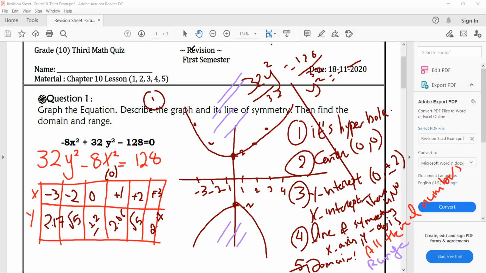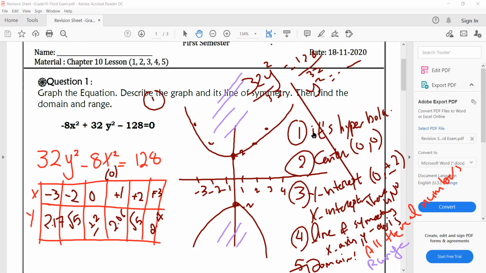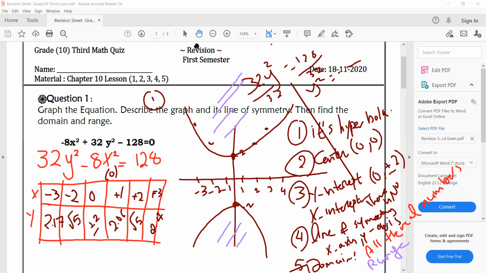The range here. Teacher, can I say x less than or equal negative 2? Yes, less than or equal negative 2. So the range here is from negative infinity to negative 2.